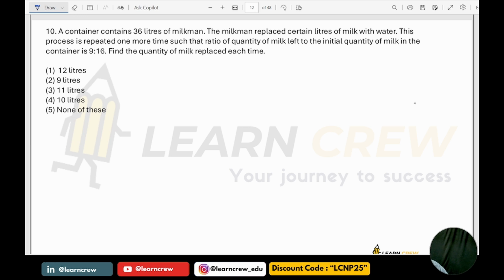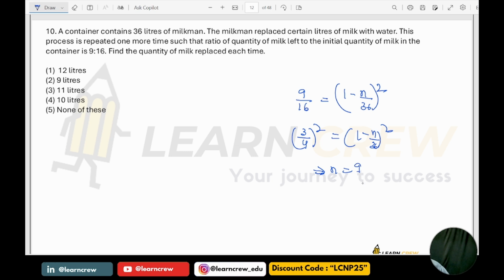So 9/16 is equal to (1 minus n by 36) whole square. 2 times it is repeated. So it is (3/4) whole square is equal to (1 minus n by 36) whole square. Simplifying this, you will get n as how much? 1 minus 1/4 is actually 3/4. So n would be actually 9. So the answer is 9.